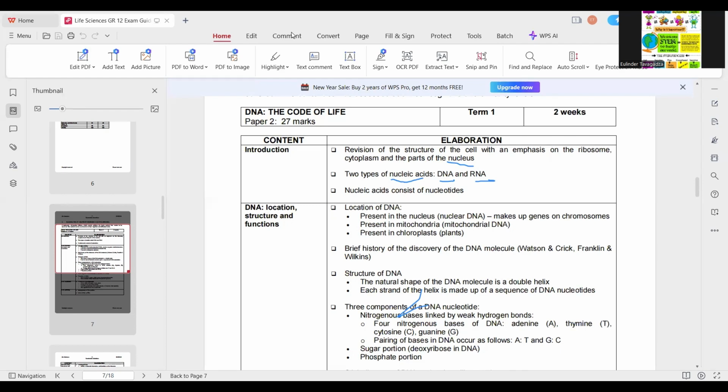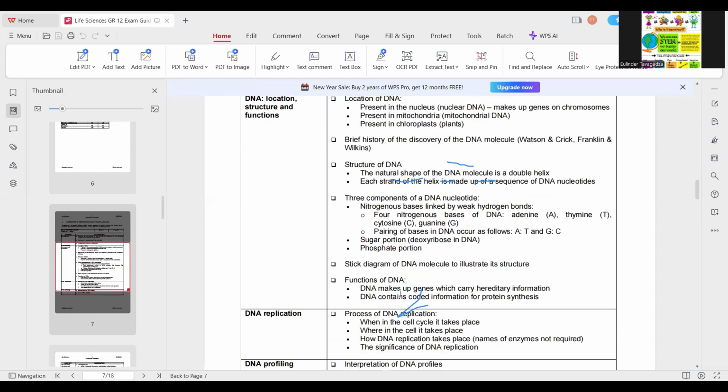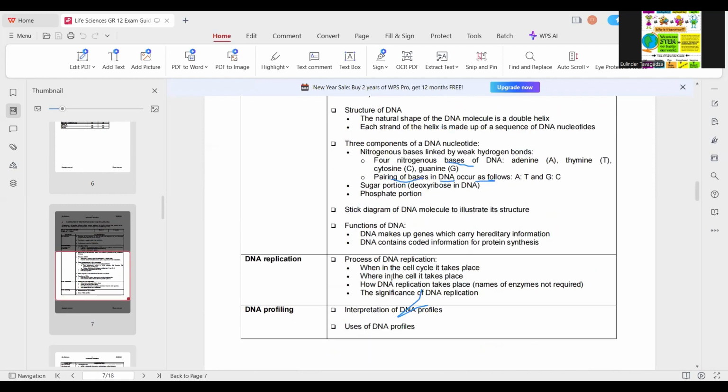So we move on to have diagrams to illustrate the DNA molecule. You are going to have questions on functions of the DNA molecule. You are going to identify and describe the process of DNA replication.